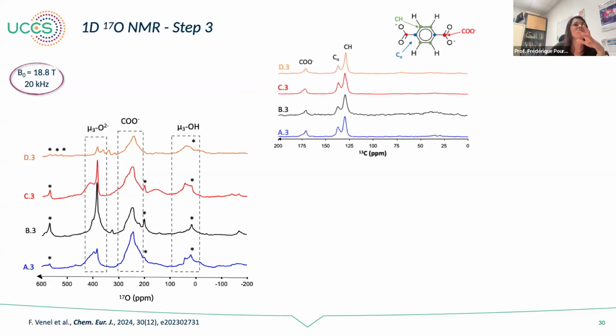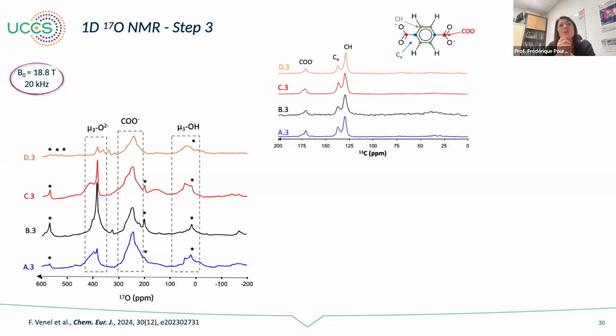As you can see on the left, in the oxygen 17 experiments, you definitely have different behavior, three different environments of the oxygen 17. Unfortunately, you reduce the mu3-OH as well when you reduce the amount of water, but for the sample A3, you still observe the mu3-O2-. So we confirm the results that we got for step 2.